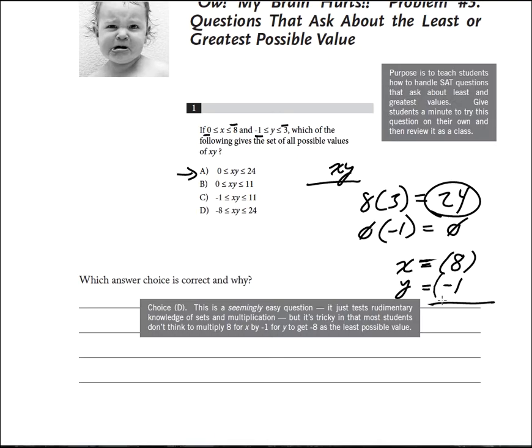So 8 times -1 is -8. So the real range here for xy is not from 0 to 24, it's from -8 to 24. That's the correct answer. A is the trap, number one trap.